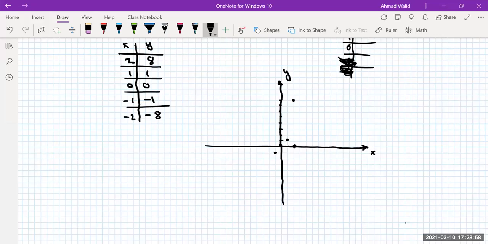And negative 2 and negative 8, 1, 2, 3, 4, 5, 6, 7, 8, will be here. And if I connect these points, it gives me the shape of f of x equals x cubed. Correct?